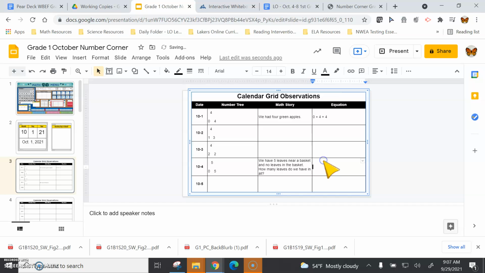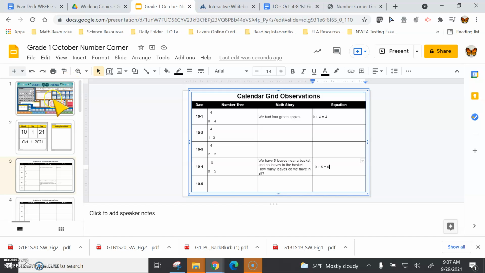Wow. Maybe we can write a math equation to explain it using our number tree. 0 plus 5 equals 5. So we're making story problems with these.